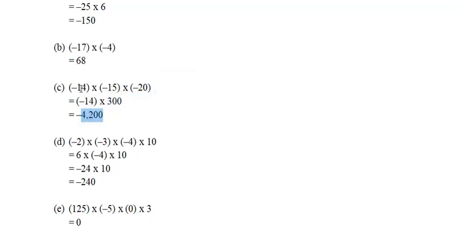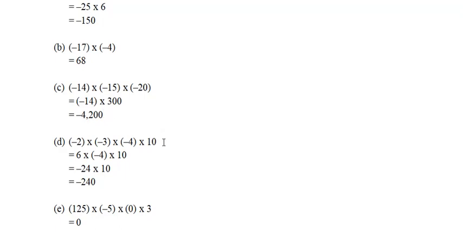You can simply multiply 14 and 15 also, but you need to see which will be the easiest way to approach the question. Here minus and minus give you plus, hence it is plus 300. So plus 300 into minus 14 will give you minus 4200, because minus into plus will be minus.